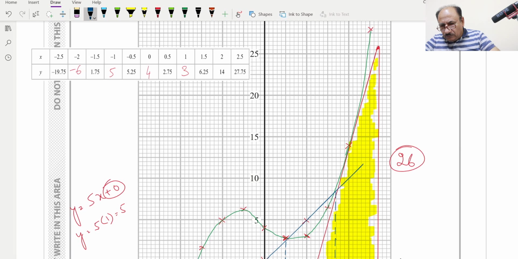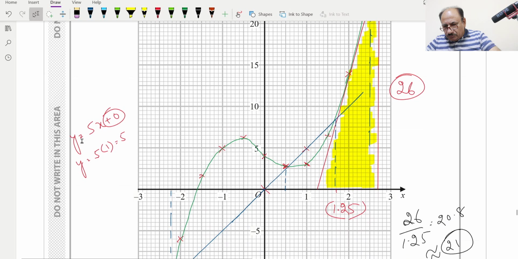We draw this reference also from here, and we will be using these x-axis values.